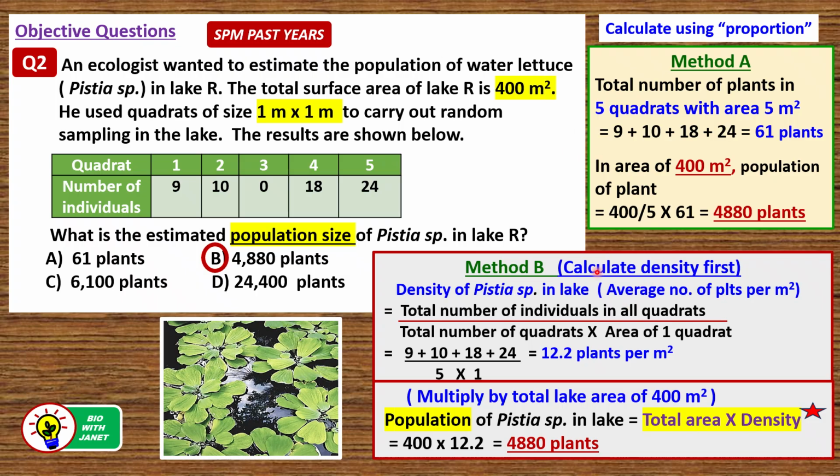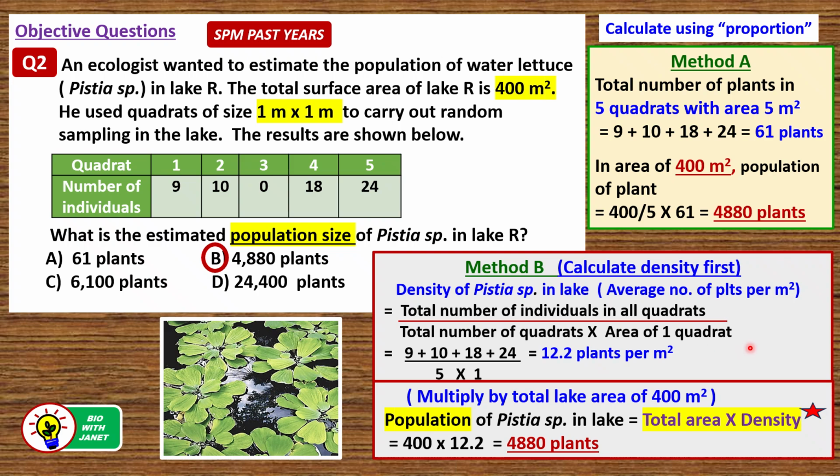Now, another method is to calculate the density first. So we know the formula for density, right? Density is actually the average number of plants per meter squared. So density of Pistia species in the lake equals total number of individuals in all the quadrats divided by the total number of quadrats divided by the area of one quadrat also.